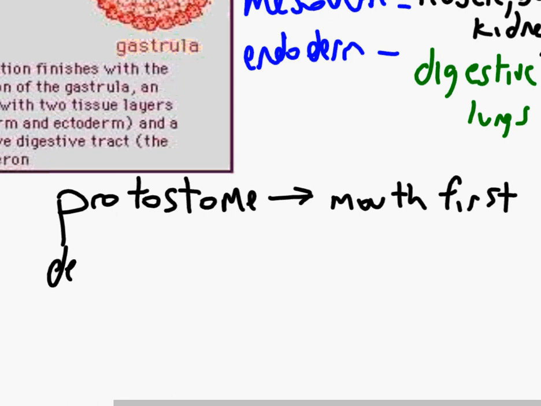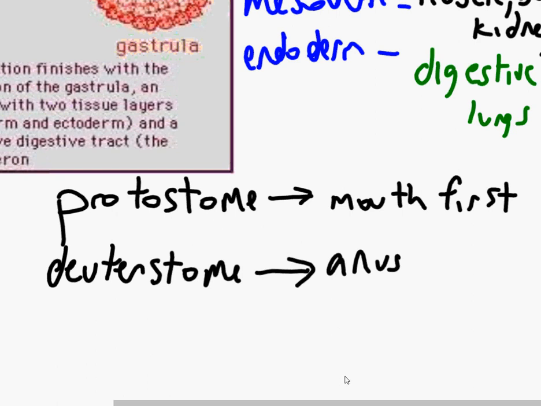In deuterostomes, which means second opening, basically, deuterostomes form anus first. The protostomes, more primitive types of organisms, some of them do not even have complete digestive openings, or two openings for the digestive system, whereas a deuterostome has both, and it forms from the anus first.